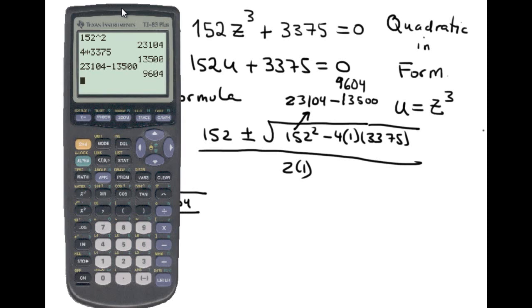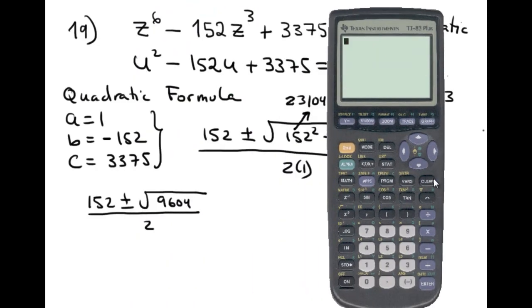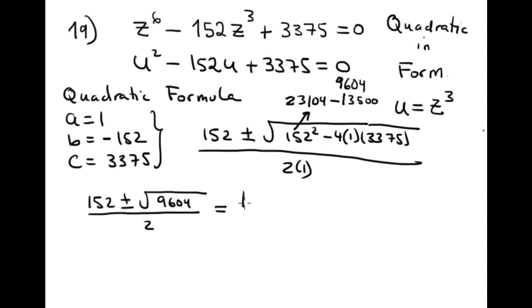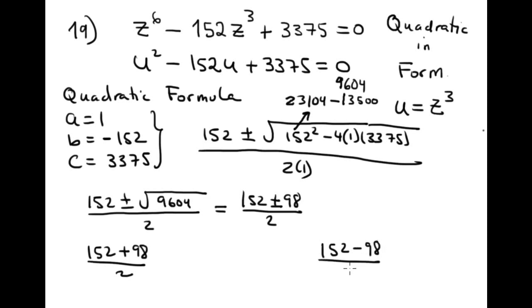Now let's see the square root of 9,604. It's 98. So it's 152 plus or minus 98 over 2. Now I separate into parts: 152 plus 98 divided by 2, and 152 minus 98 divided by 2.